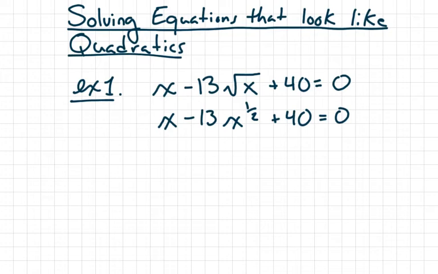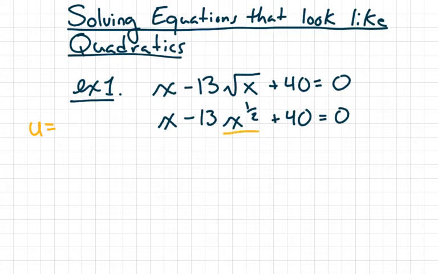So maybe we can use something called u substitution. We can substitute in a value for our x, or for something, I should say. And that might make this thing into a quadratic.